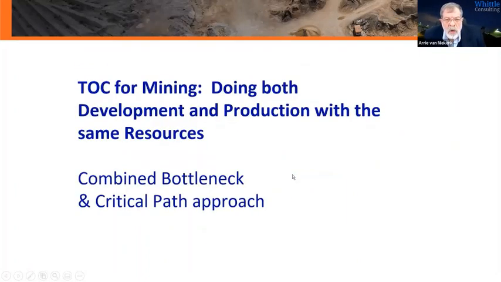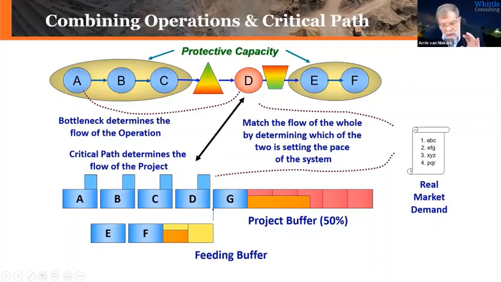And I want to show you this slide, which combines the operations approach and the project management approach for the following reason. In underground mining, very specifically, but quite often in open cast mining, we use the same equipment for production and development.